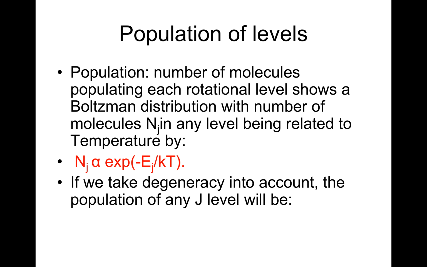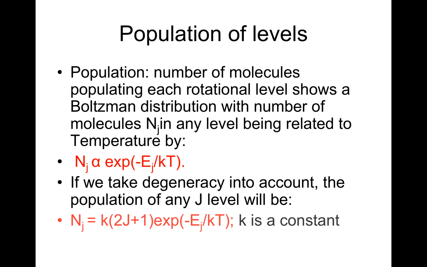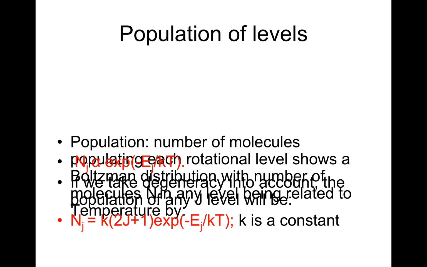If we take degeneracy into account, the population of the Nj level will then be Nj = K(2J+1) exp(-Ej/kT). K is a constant.